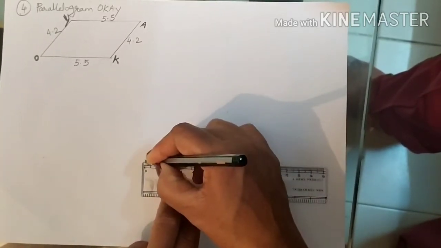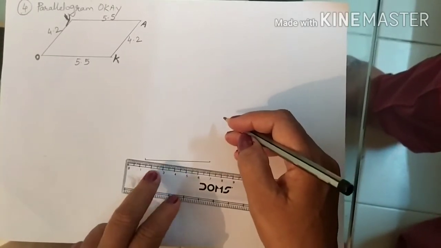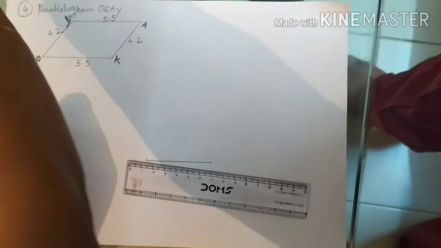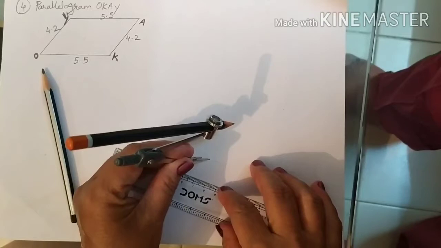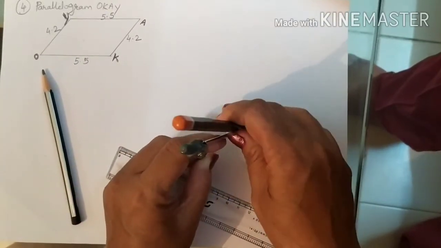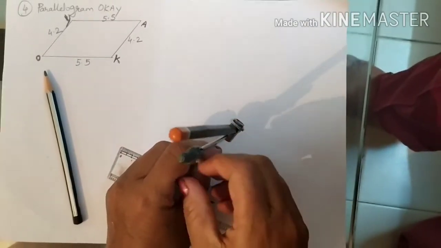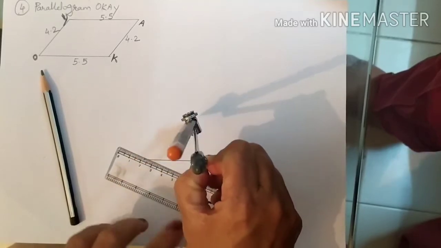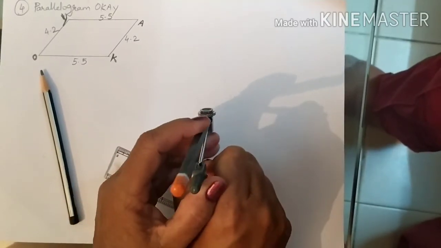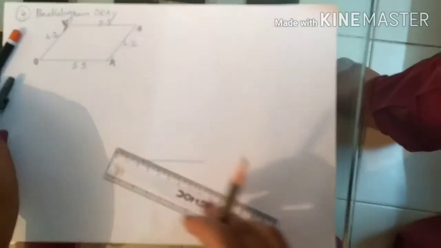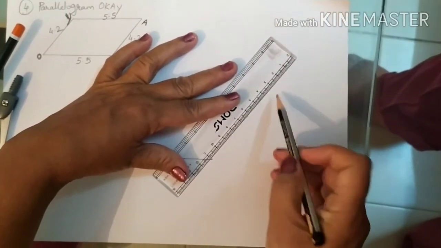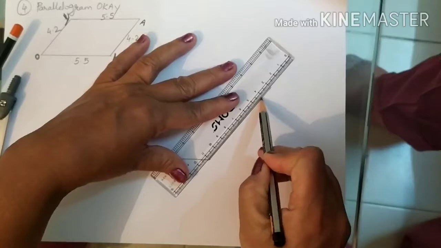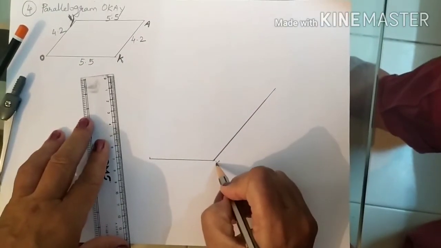Now here the angle measurement is not given. So without taking any angle measurement, from point K we will draw an arc on any side of 4.2 centimeters. First we will draw a ray KP at any angle. There is no need to take any angle, so draw ray KP.